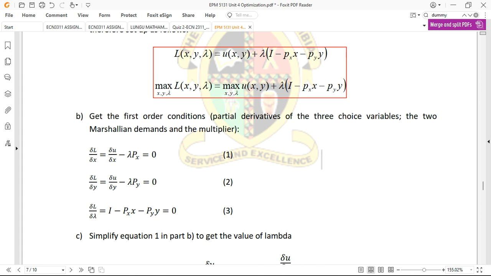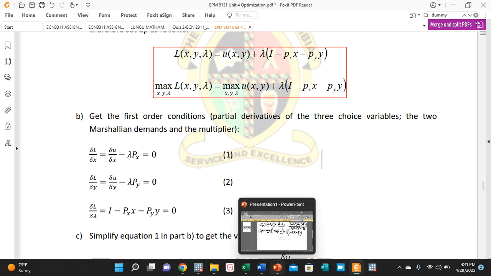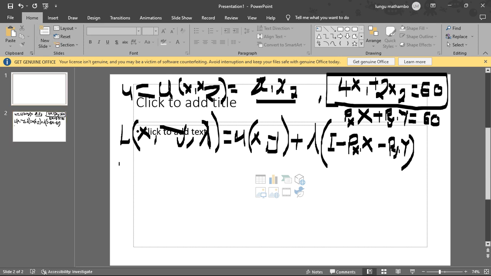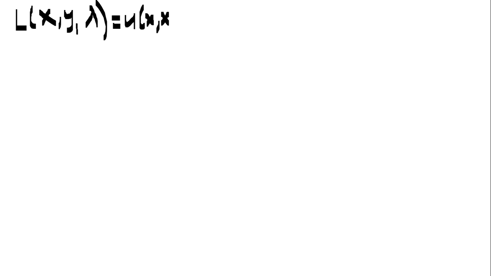Then let's do this together so that we derive them together. We know that we have a function L which has x, y, and lambda, which we said is equal to u of x1, x2, then plus we include our lambda.